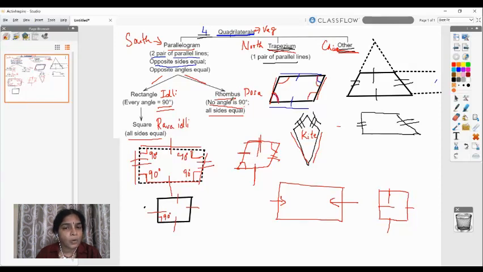When none of the angles are 90, but all sides are equal, that time you get a rhombus. A rhombus is a type of parallelogram. A rectangle is a type of parallelogram. Now, in a rectangle, along with each angle being 90 degrees, if we also have all sides equal, then we get a square.